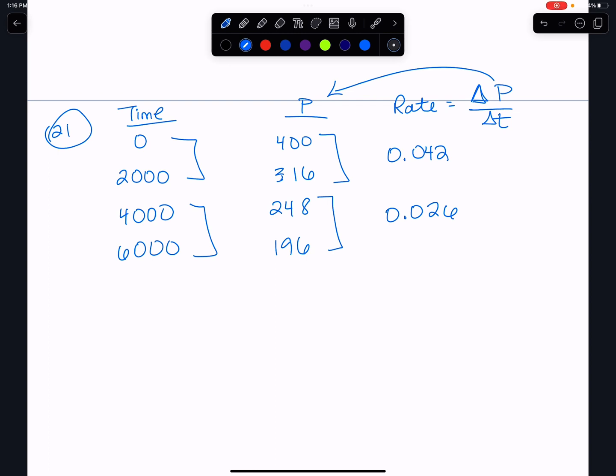Okay, and then there's more data. I can calculate a rate here. 155 minus 122 divided by 2,000. 0.0165.